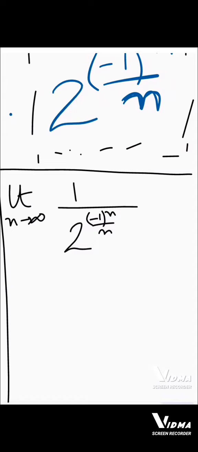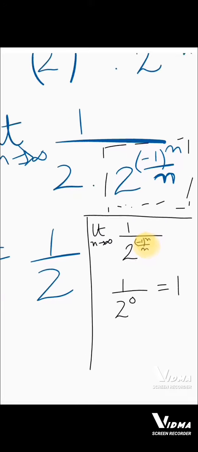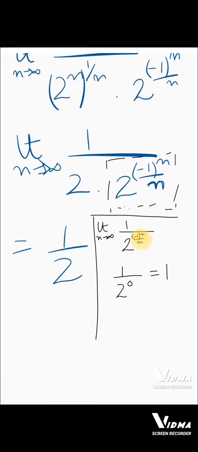If you focus on this power of 2, we'll get to know when we take n to infinity: whatever the numerator is, it is going to be -1 or 1, but the denominator, when it tends to infinity, will make this power 0. So this makes the entire factor 2 raised to 0, which is nothing but 1, right? And hence this limit is 1/2.